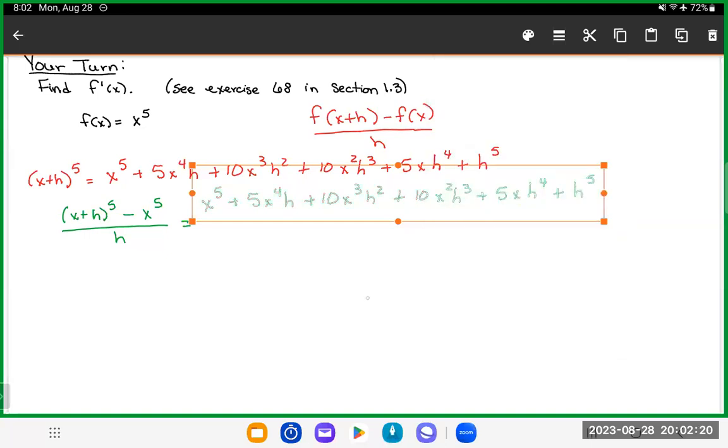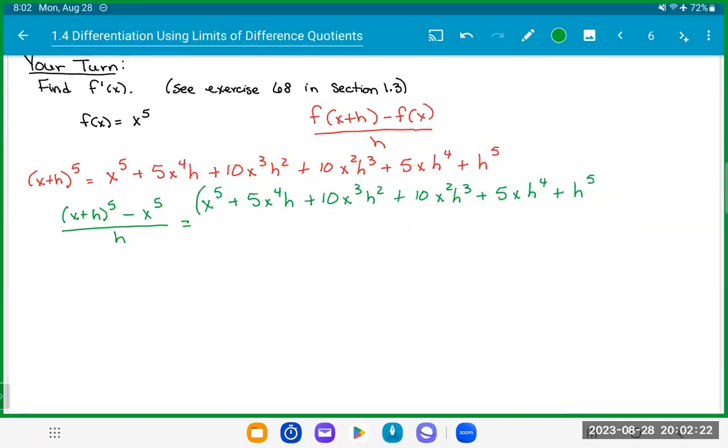We'll make this green. So it's going to be all of that, right? This is the (x plus h) to the 5th power minus our x to the 5th power, all of that divided by h. Because this is positive, I can actually drop these parens, right?